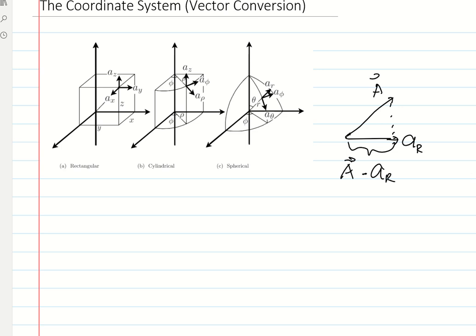This is what we will do when we are converting from one system to another. We just solve for the projection of that vector into the direction of the unit vector that we want, because we are changing the unit vector but we don't change the vector itself. We are just changing the unit vector because we're changing the coordinate system.